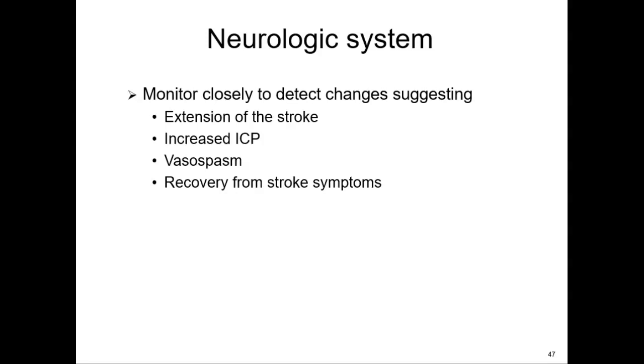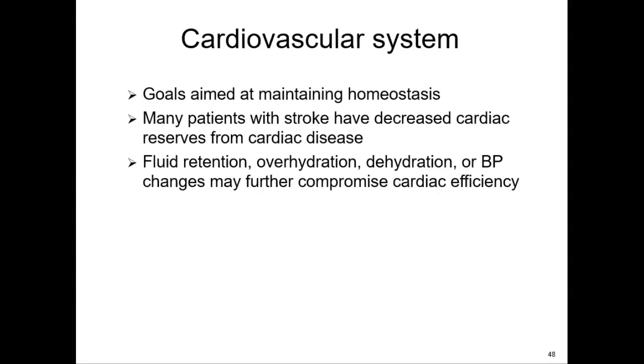Neurologically, the patient needs to be monitored closely to detect changes that would suggest either they're having an extension of the stroke, increased ICP, they're having vasospasm, or what would be the best is that they're recovering from the stroke. You can just read this slide, but remember our goal is to make sure that we have good enough perfusion. We want to make sure we're correcting without overcorrecting everything.